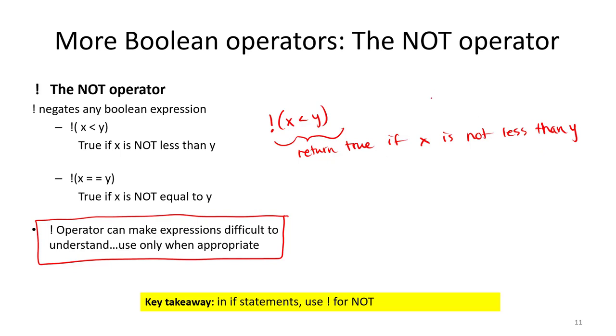Sometimes this is confusing. It might be easier to just write x greater than or equal to y and have it return true if x is greater than or equal to y. Again, sometimes the not expression can be a little bit confusing. Another one, not x double equals y, will be true if x is not equal to y. You could equivalently write x not equals y like this.